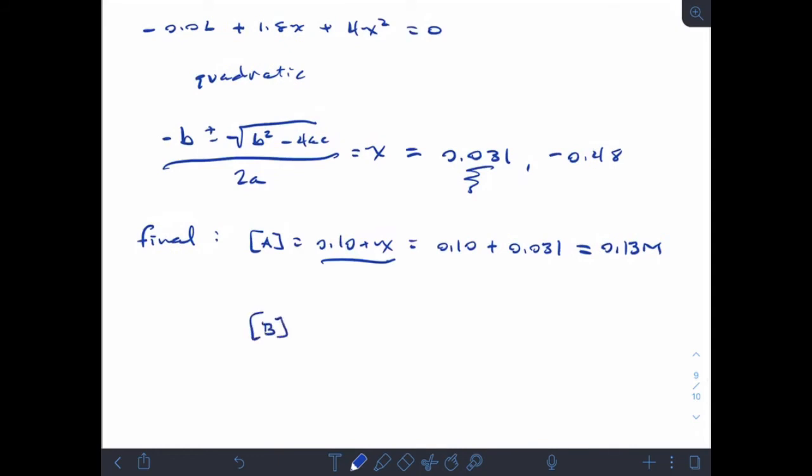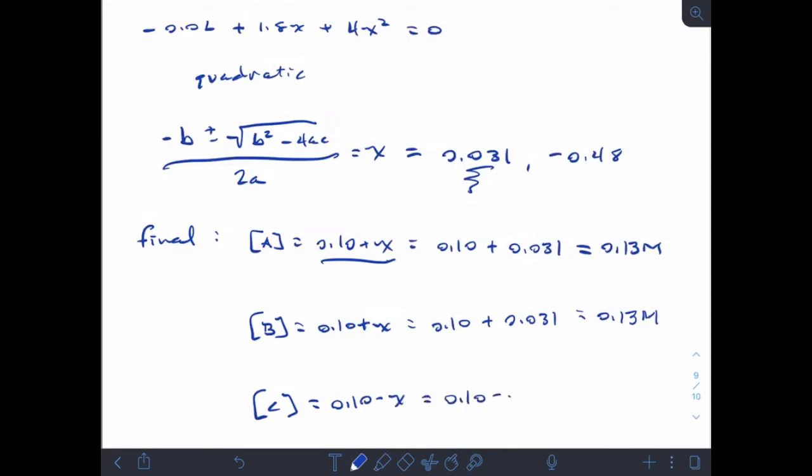Our concentration of B will be the same. Okay, and our concentration of C was minus X. And we'll end up with 0.069.